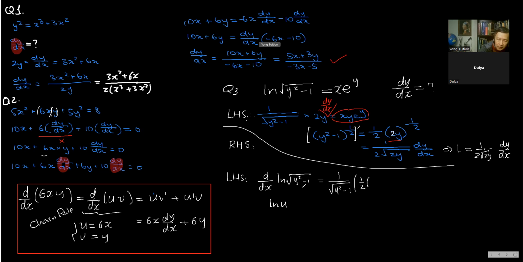Then we have to use the chain rule, right? So in this case, the first part and the chain rule allow us to work out y squared take 1 to the negative half. And then we multiply by 2y, and then we multiply by dy dx. Can you follow me?